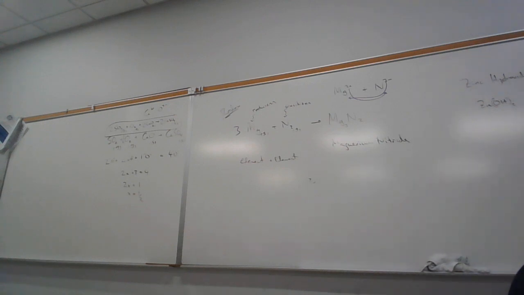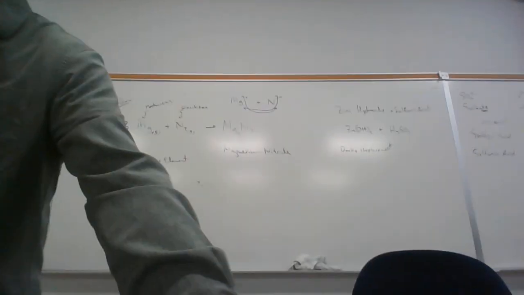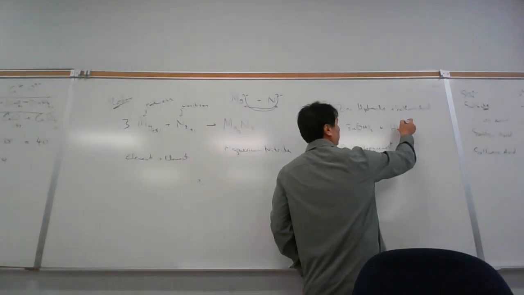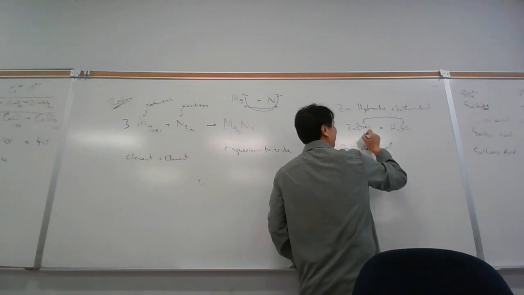Now, they have a DR here, and DR stands for double replacement. In double replacement reactions, we just switch the anions. So what we're going to do is try swapping anions like that.